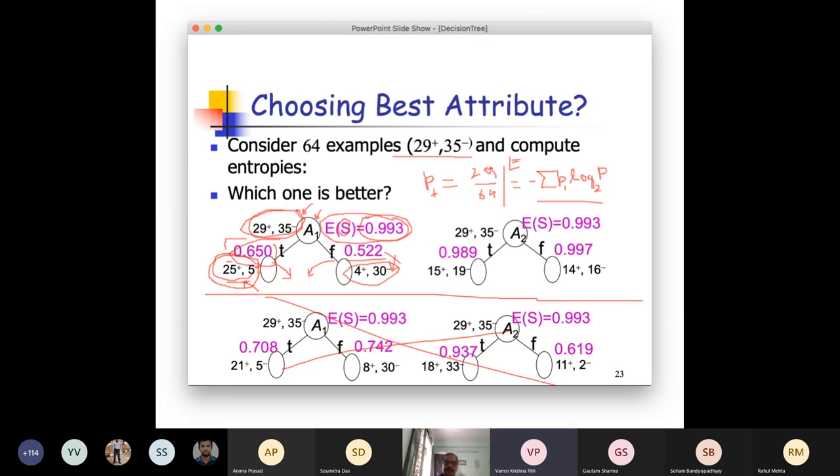So with respect to the whole partition, entropy will be higher compared to that. But if you take the weighted average, there would be a reduction of entropy. So our question is: suppose with respect to A1 you get a reduction, and with respect to A2 you get a reduction, then which one is the highest reduction?